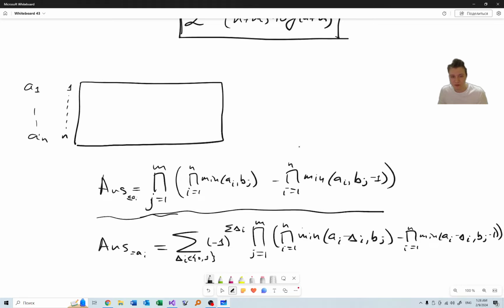And we iterate over all possible delta i's to subtract them here and here.